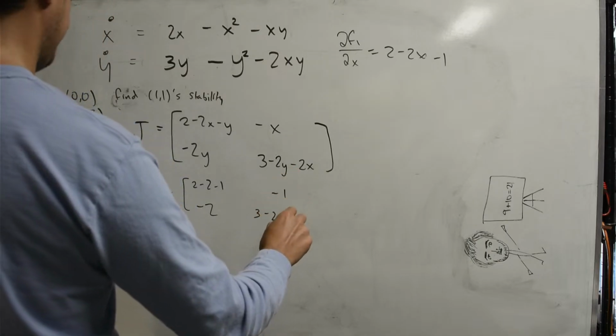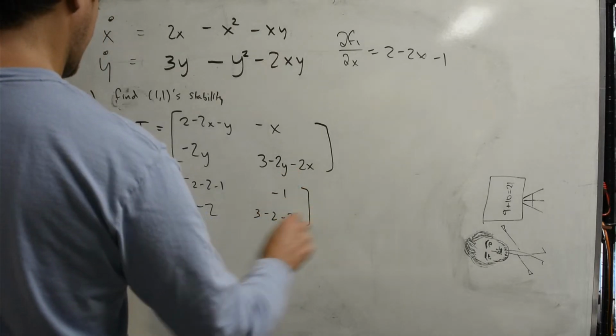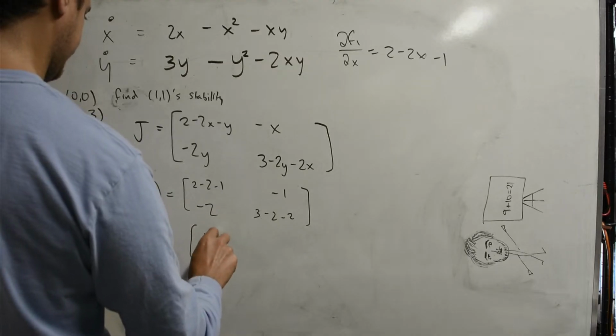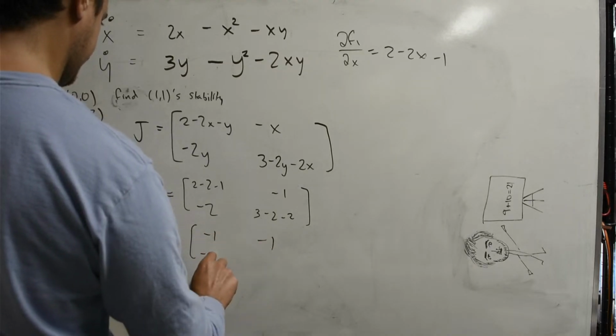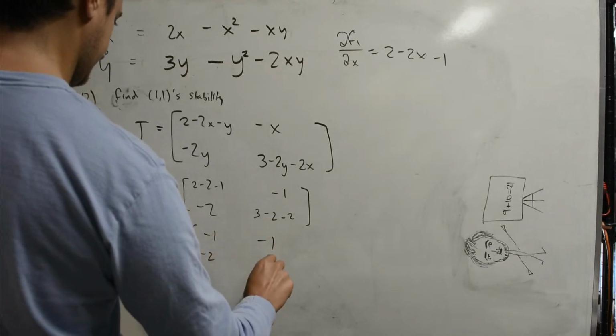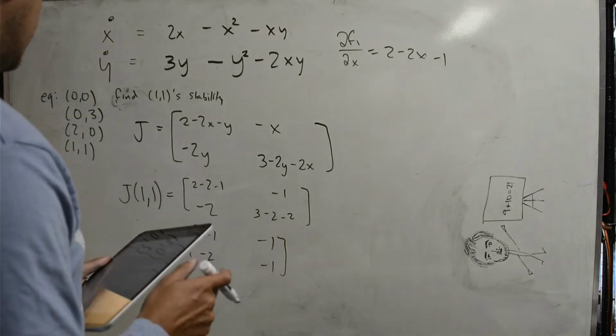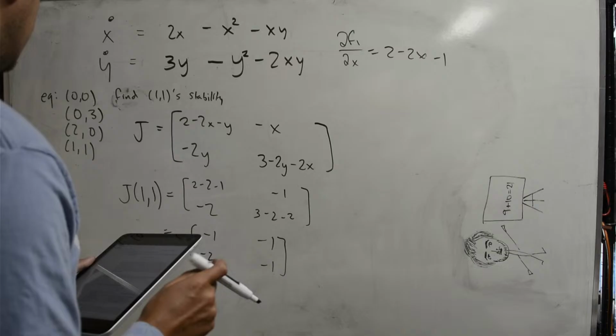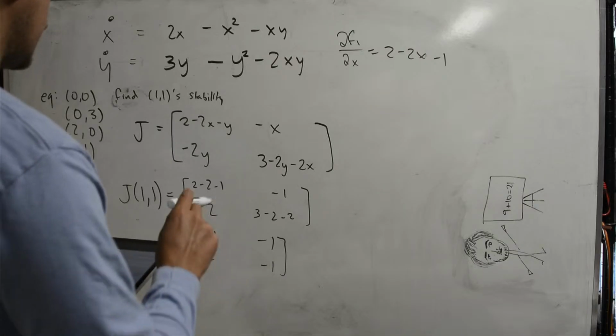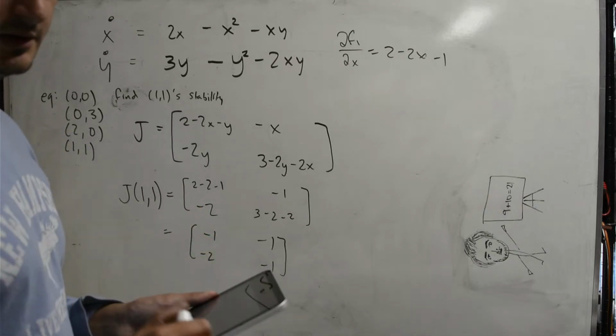I think that's right. Okay, so that's the Jacobian at 1, 1.